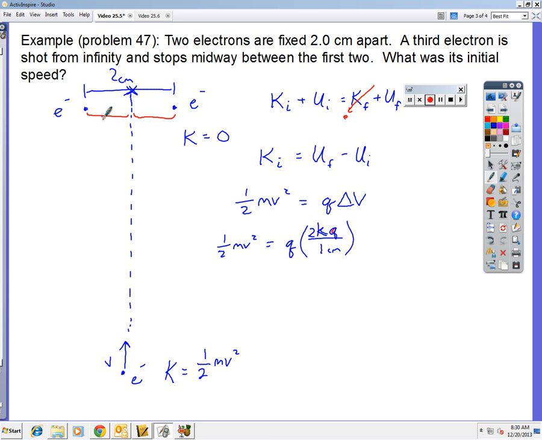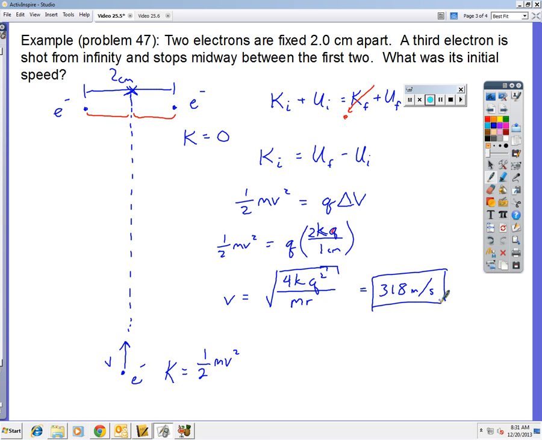And you have this energy and this energy. And if we solve for v, doing a bunch of algebra, we end up with the square root of 4kq squared, where q is the charge on the electron, divided by mr, where r is 1 centimeter. If you plug in the numbers, you end up with 318 meters per second as the required speed for the electron just to stop right between the other 2 and then hang out. That's, of course, a very unstable equilibrium.